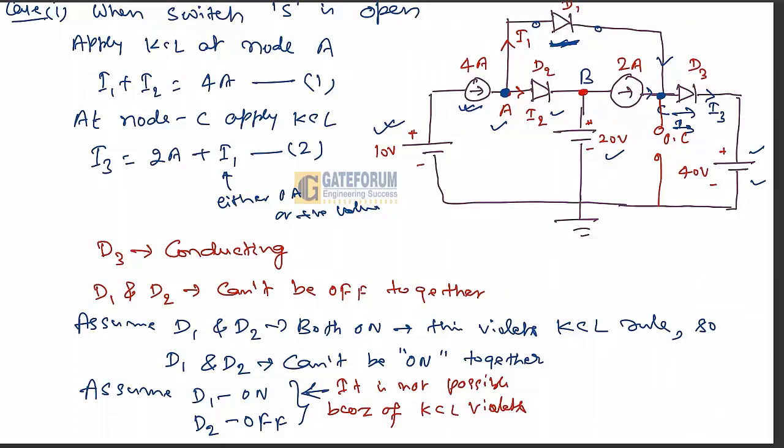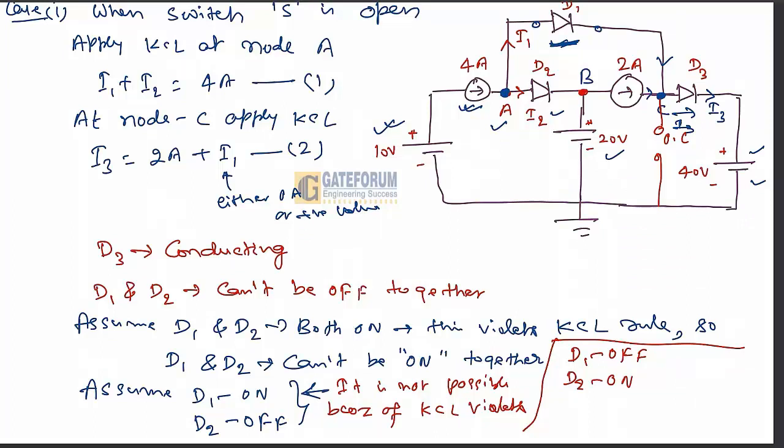So now the next possibility is we need to assume D1 off and D2 on. In this case, what will happen?